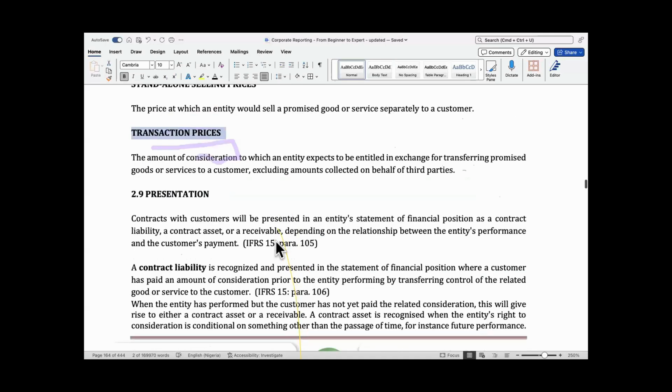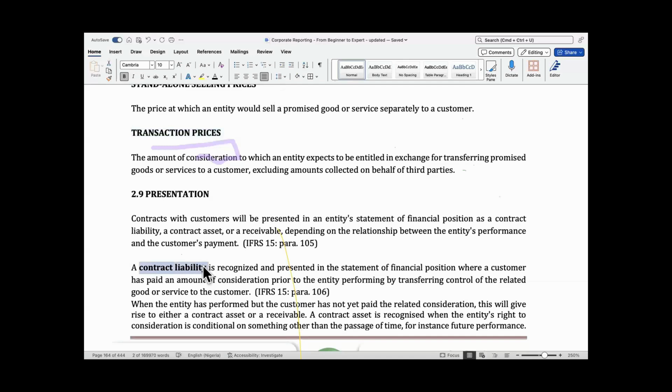Okay. Now, let me put it all together. In essence, when you sell goods to a customer and the customer pays you money, or you receive money from the customer and you have not delivered the service, do not recognize revenue.